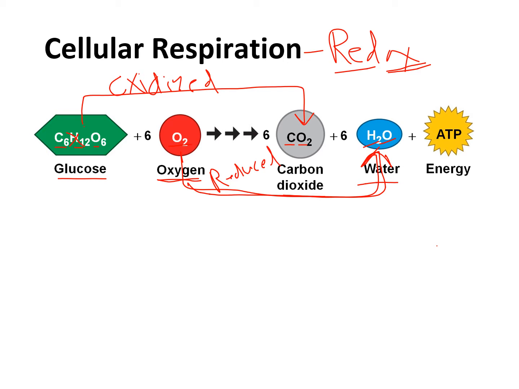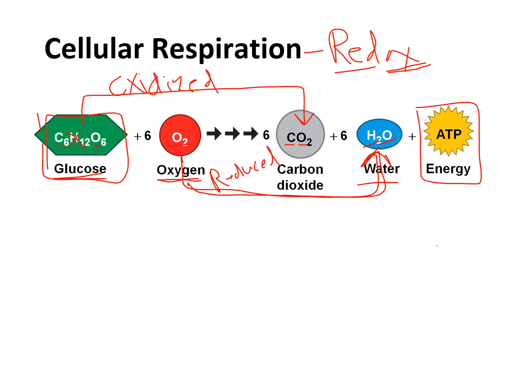Now this process of oxidizing glucose is removing the energy from glucose. Remember, glucose is a high energy molecule. It has a lot of potential energy. So the process of oxidizing it involves removing all this energy and using that energy to produce ATP.